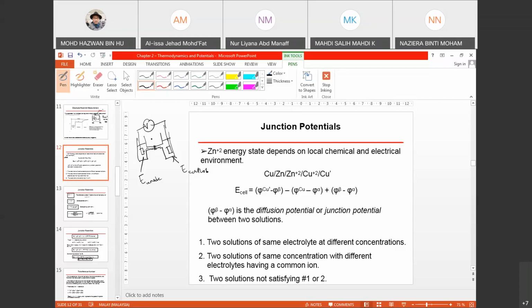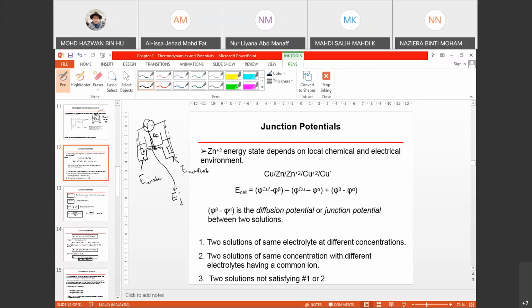If you put a reference electrode over here, the potential in this junction or capillary will be different as well. This potential value in the capillary, we call the junction potential.